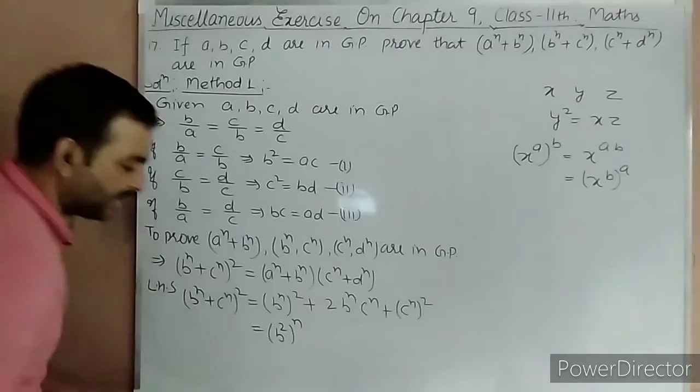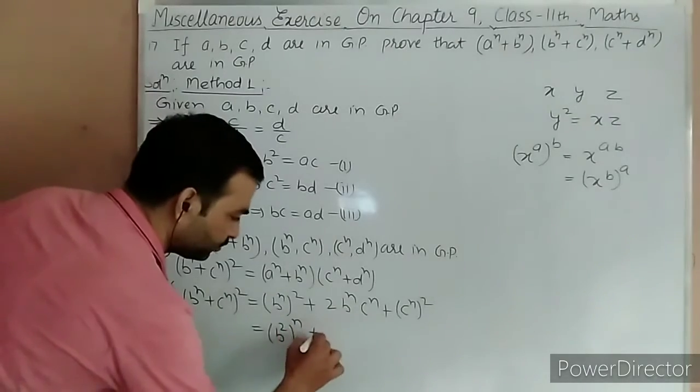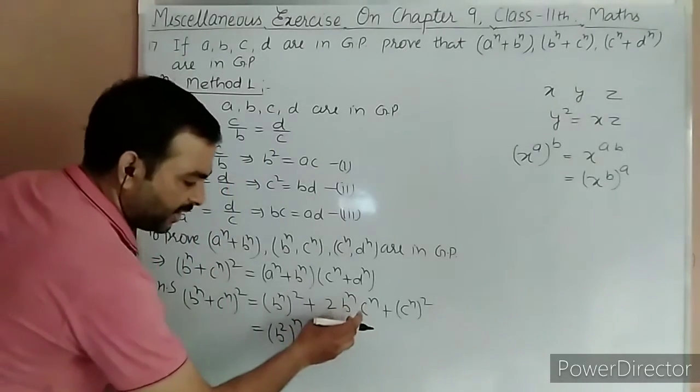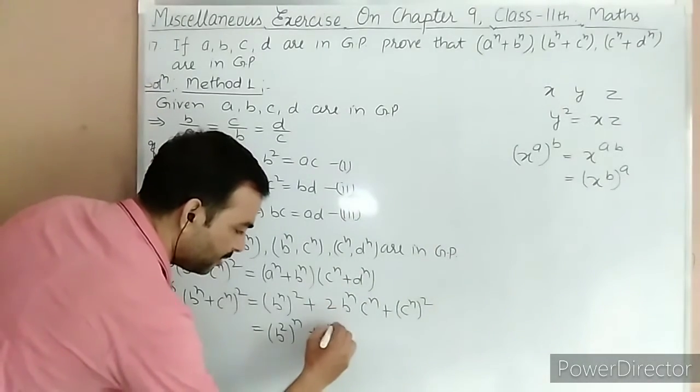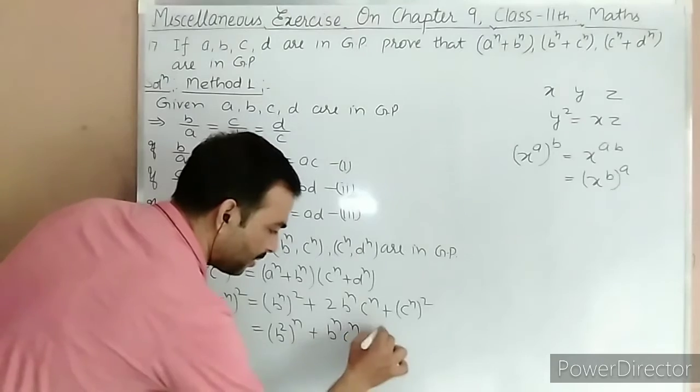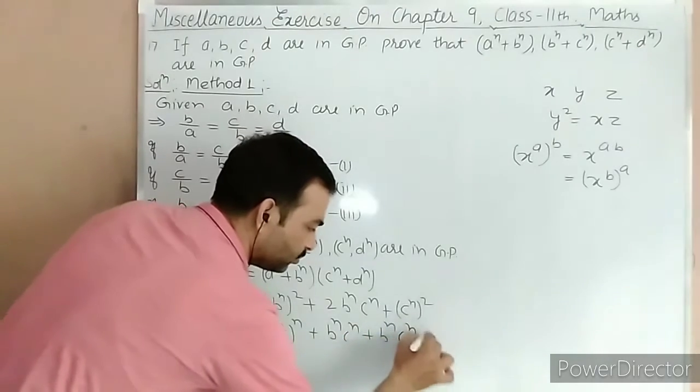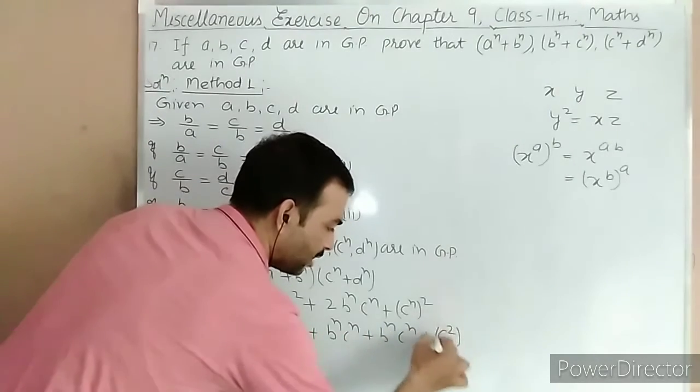I can split the middle term 2 B power n C power n into two parts, like this: B power n C power n plus B power n C power n, plus C square whole power n.